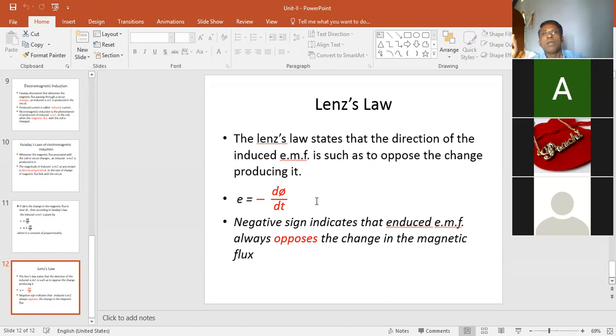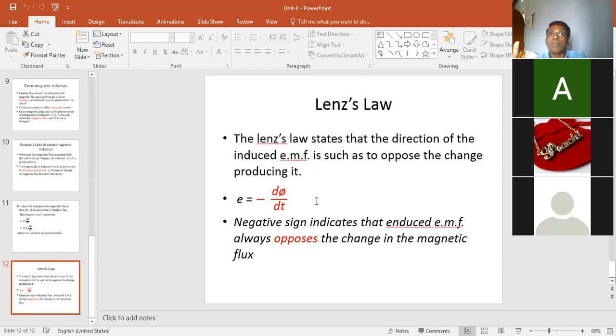Current is flowing through the first coil, and it will produce a magnetic field. An induced EMF will be developed in that coil, which is self-induction, as we have already discussed.